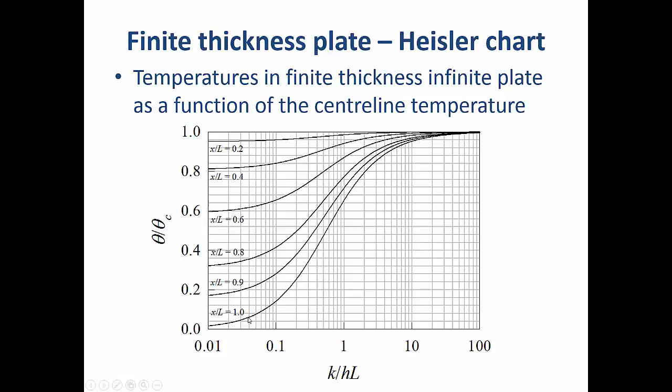So x over L equals 1 is of course the surface, and as you work up the way you're going inwards. Although there isn't actually a line drawn here, if you went straight along at the top you would actually be plotting the centerline temperature. So we have two different graphs, one of which looks at the centerline temperature and the other which looks at temperatures at different depths related to the centerline temperature.